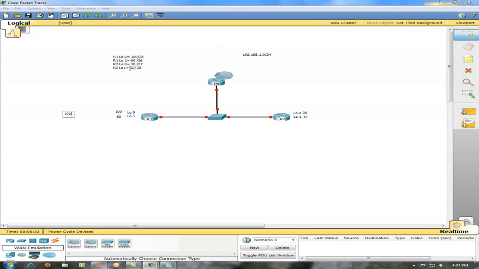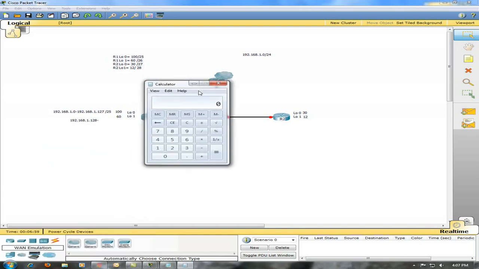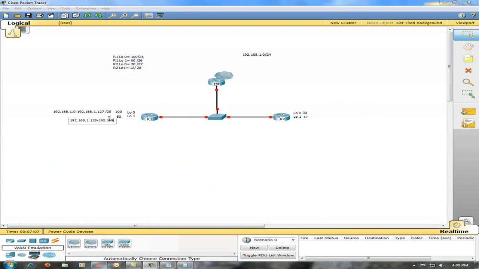Networks will start here, 192.168.1.0 to 192.168.1.127. And of course that's a /25. This one here, 192.168.1.128 to, yes, even the teacher has to pull the calculator up every now and then, 128 plus 64 to 192.168.1.191. There's that one.